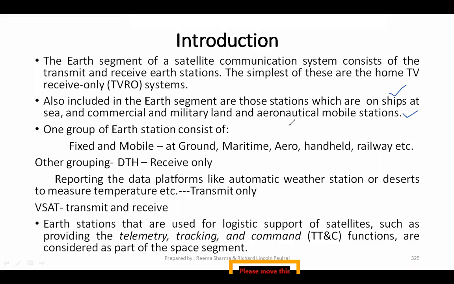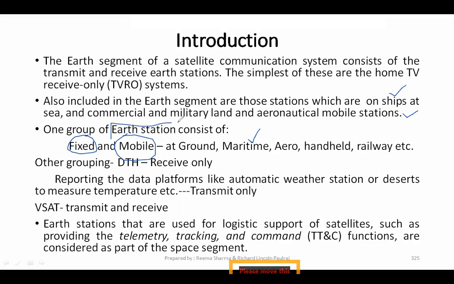One group of Earth stations consists of fixed and mobile, which means I will have a fixed antenna and also a movable antenna. One movable antenna can be a ship, used in maritime. Then this can be employed in ground, maritime, aero, handheld antennas, then in railways. All these can be a part of your Earth station.